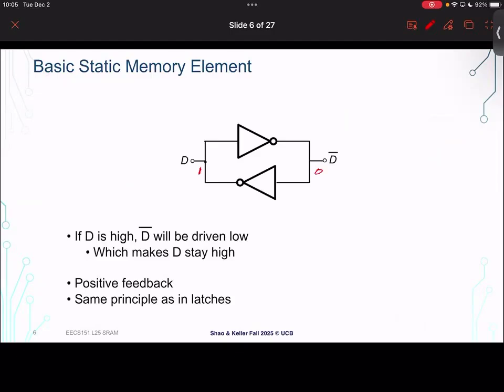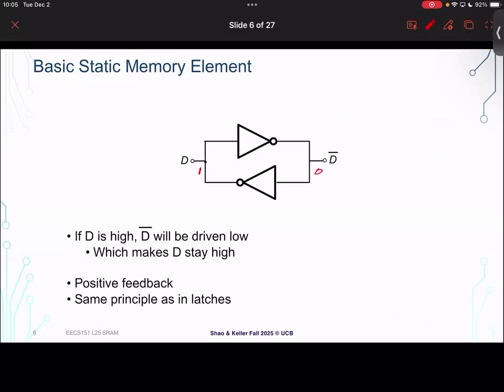And so D is 1. It's in feedback. It's in positive feedback. It keeps its value indefinitely as long as you're supplying power to the inverters. This is the exact same cross-coupled inverter circuit that we used to build our latches last time. So far, so good. This is going to be the core element of our bit cell.